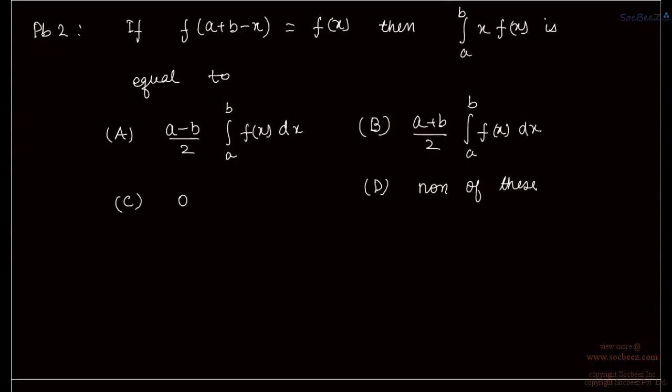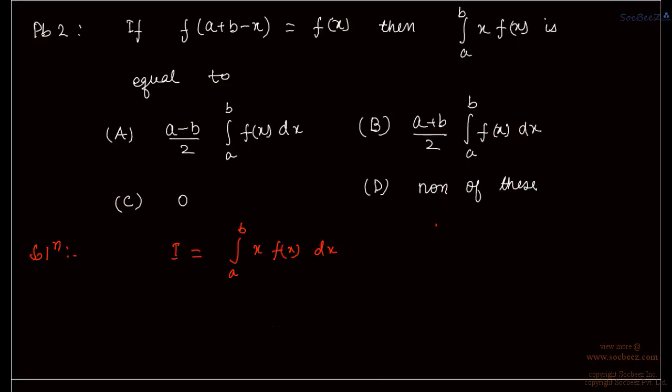We have problem number 2. If f of a plus b minus x is equal to f of x, then the integral from a to b of x f(x) dx is. Let us name the integral of x f(x) from a to b as I. Okay.